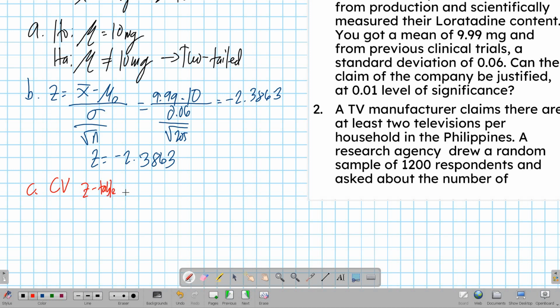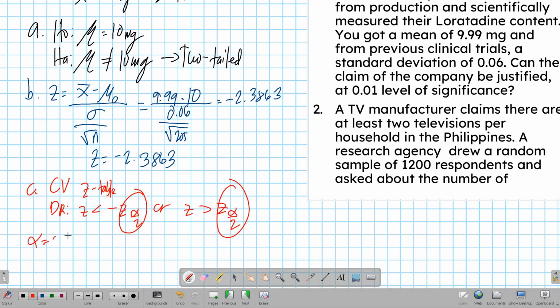So the critical value that we need to get, since it's two-tailed, based from our decision rule, is Z is less than negative Z alpha over 2, or Z is greater than Z of alpha over 2. Which is actually just the same absolute value. Since the normal distribution is symmetric, we just need to get alpha over 2 and get the z-score corresponding to that area.